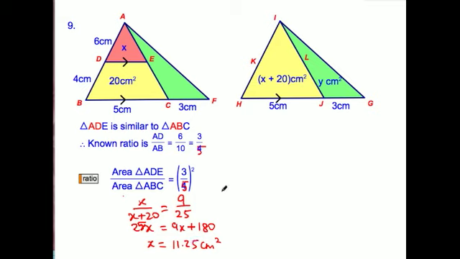Since x is 11.25, therefore we have 31.25 over y, which is the area we want to find, equals to 5 over 3. And simplifying this, we will have y equals to 18.75 cm squared.